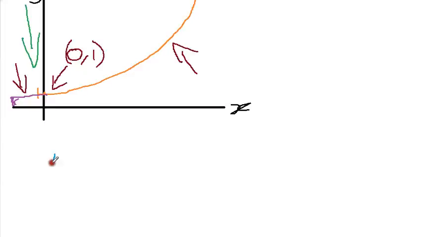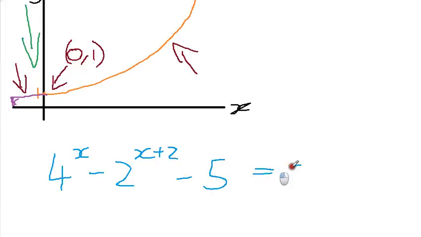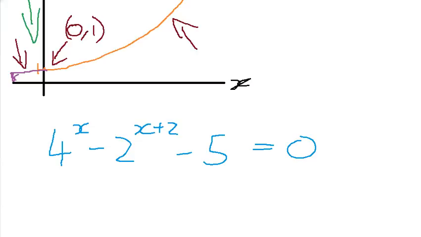We've got 4 to the power of x minus 2 to the power of x plus 2 minus 5 equals 0. And our second one, which is y squared minus 4y minus 5 is equal to 0.